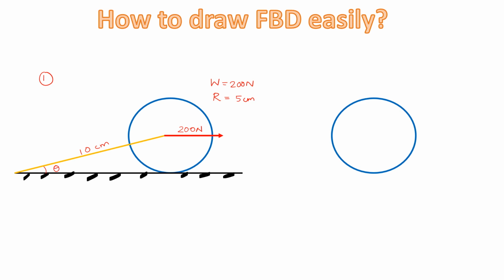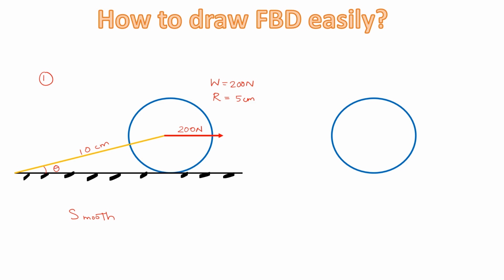Before going into drawing the free body diagram, I want to tell you one more thing. In all these 5 problems, we are considering the surface as a smooth surface. That means there will be no friction. So while drawing the free body diagram, we won't see a frictional force because we are dealing with a smooth surface in all these 5 problems. Keep that point in mind.